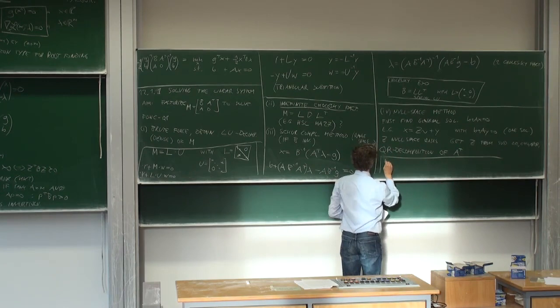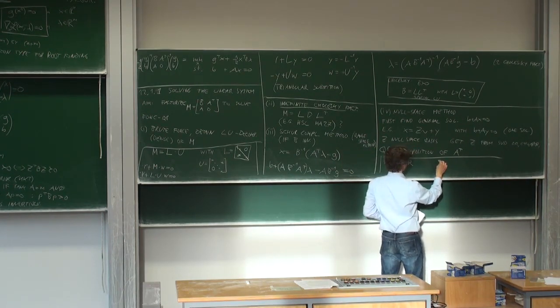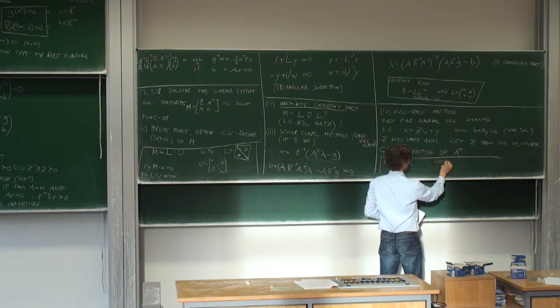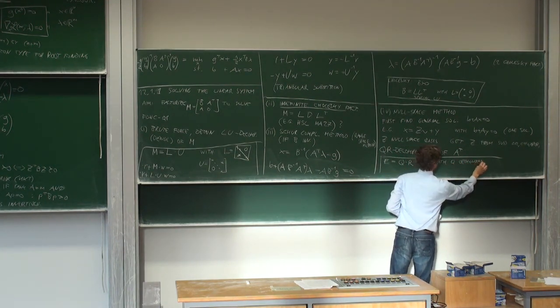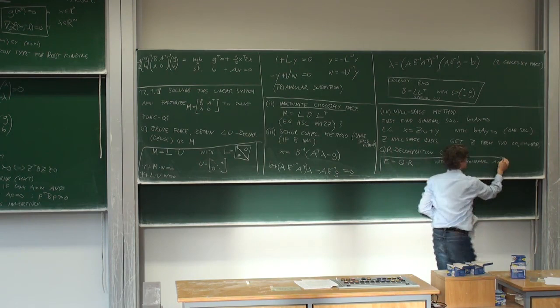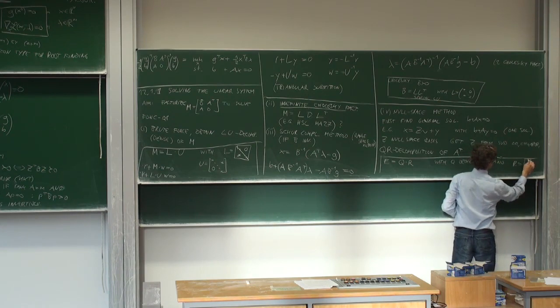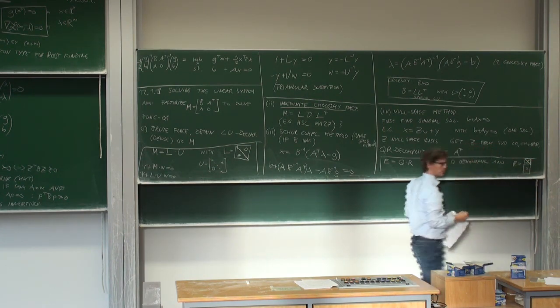We have a matrix E. This E can be written as Q times R, with Q orthonormal, and R has a special form which is upper triangular, this R matrix, and it has zeros everywhere else.